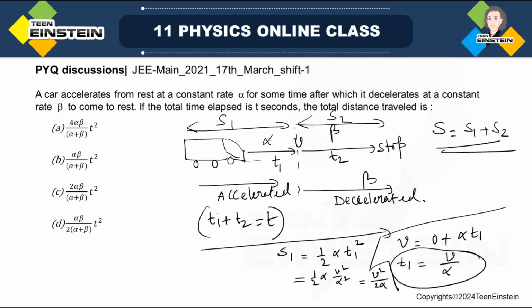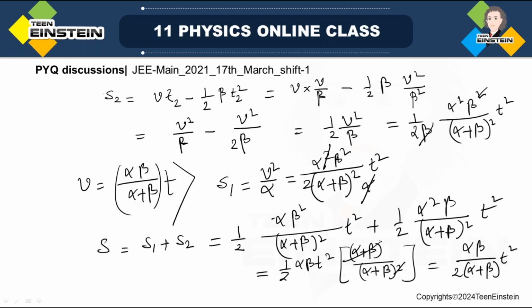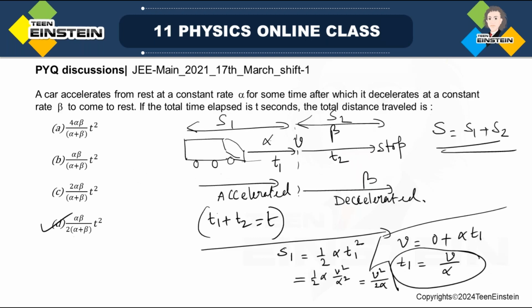Let us see the options. The last option is alpha beta divided by 2 into alpha plus beta t square, so this will be the correct answer for this question. This was actually a lengthy problem, and you also have to understand the language.